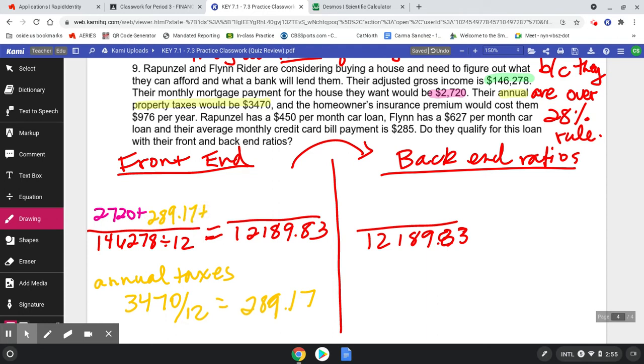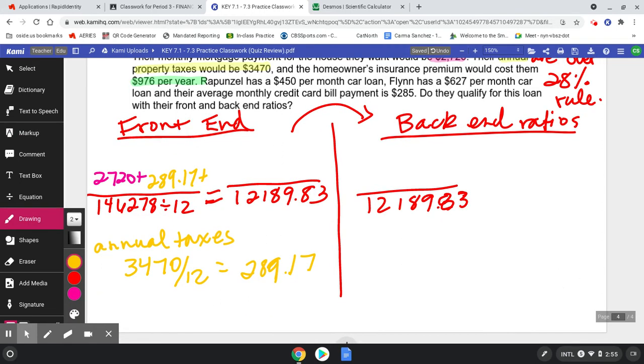Okay, last thing we need is the insurance. The homeowner's insurance premium is $976 per year. So again, I need to take that annual insurance of $976 and divide it by 12 so we can get that monthly figure.